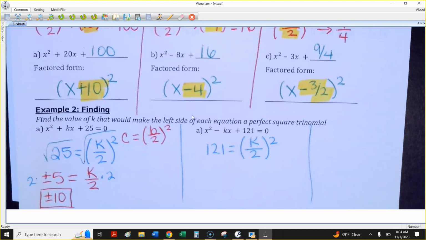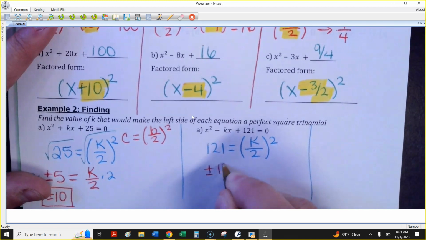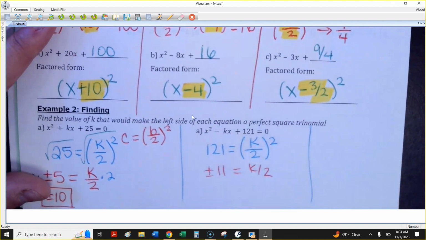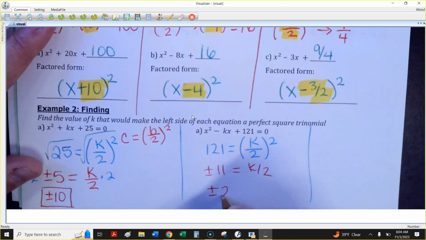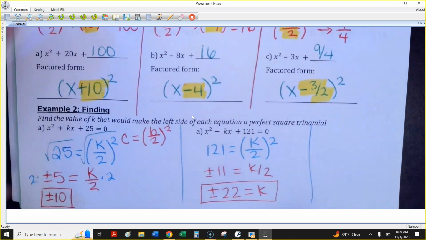If I've got the 121 as my constant. Yes, good. Should be plus or minus 22. If you take the square root of both sides, you can get plus or minus 11, and then multiply both sides by 2, plus or minus 22. So either one of those numbers would work to be k.